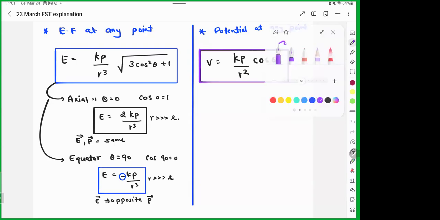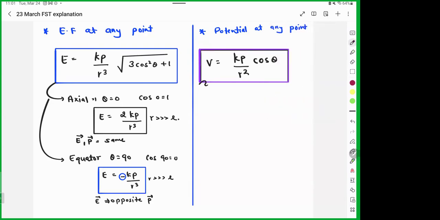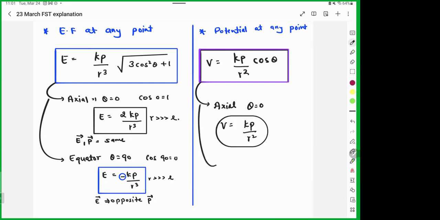If this is the situation, now same you apply for axial. For axial, your theta is 0, cos 0 is equal to 1, your potential will be Kp by r square. Second, if you take for equator, at equator theta is equal to 90, cos 90 value is 0, so potential will be 0.